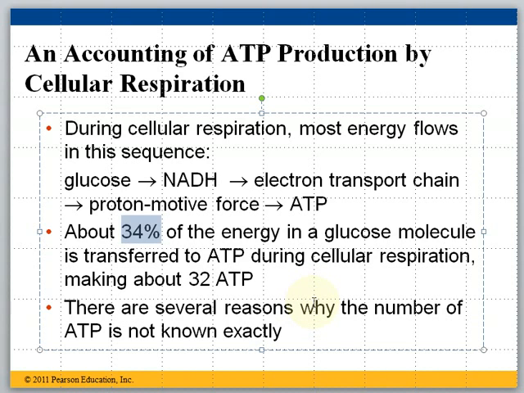And also they have to do with the fact that the cell uses that proton motive force, the concentration of H plus ions on one side of the membrane, to do other work as well. So not all of the energy from the proton motive force goes to making ATP. The cell also uses that for other reasons. So we can make up to about 32 ATP if all of that energy goes toward that one particular process.